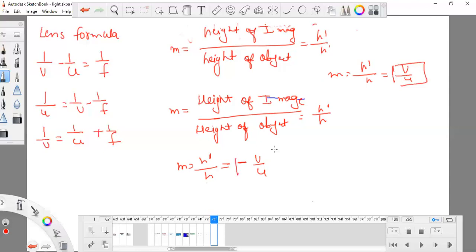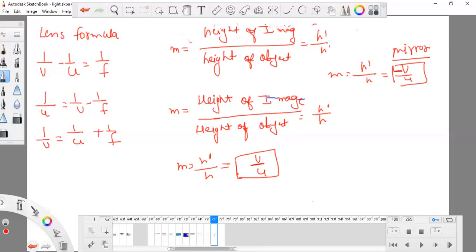For mirror it is minus v upon u, and for lenses it is v upon u. These are the formulas you have to remember.